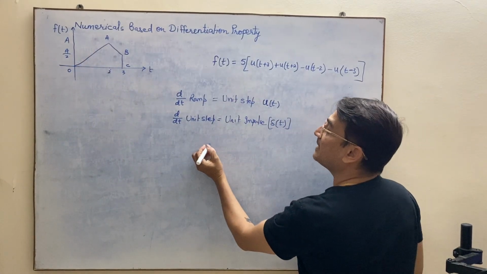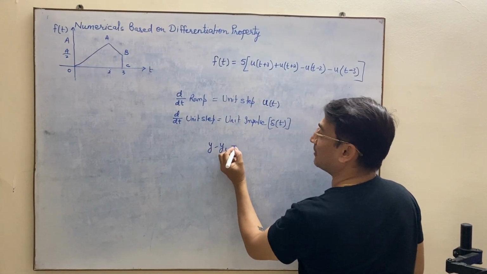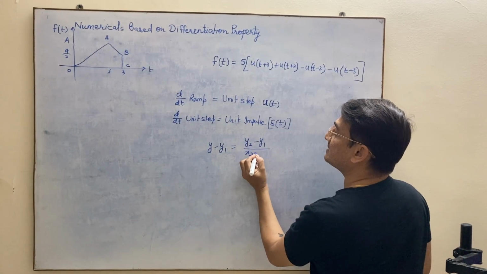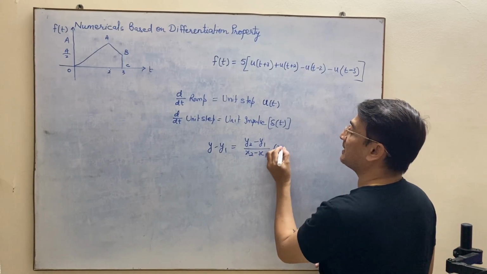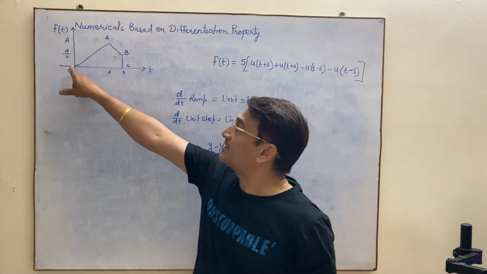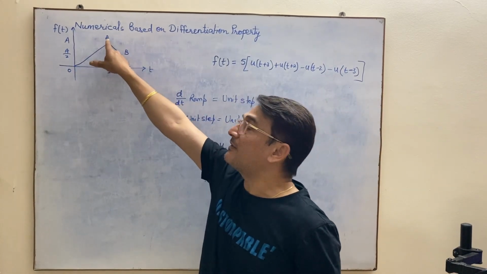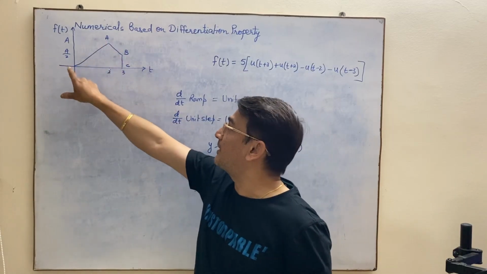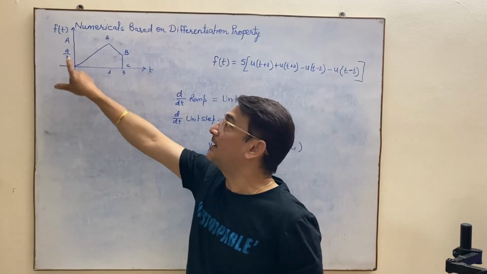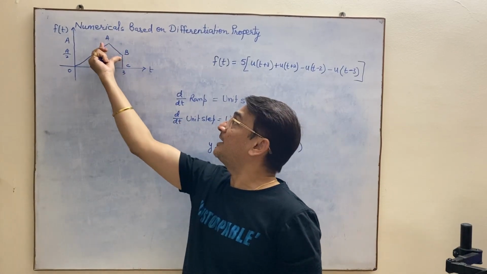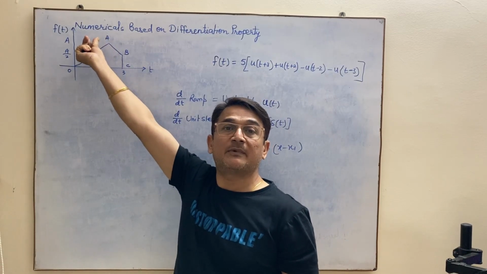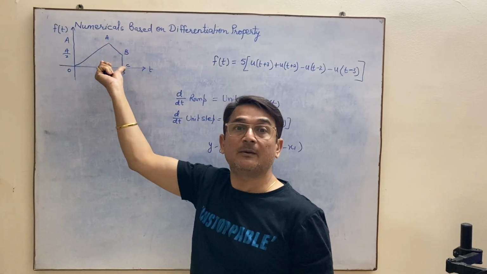In maths we have already studied this formula: y minus y1 equals y2 minus y1 upon x2 minus x1, into x minus x1, where x1, y1 are the coordinates of the first point and x2, y2 are the coordinates of the second point. When you calculate the equation of line AB, the coordinates of A will become x1, y1 and the coordinates of B will become x2, y2.